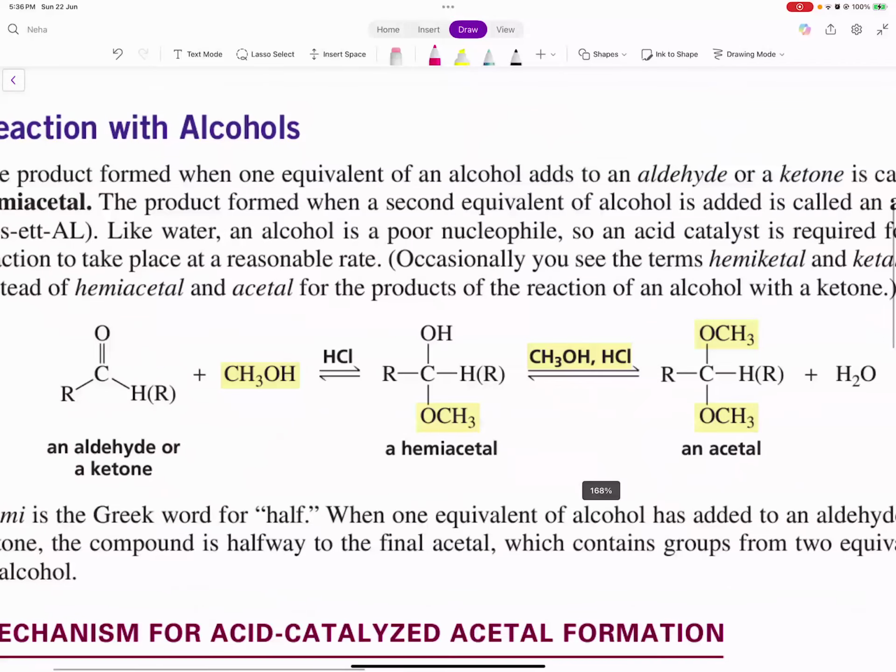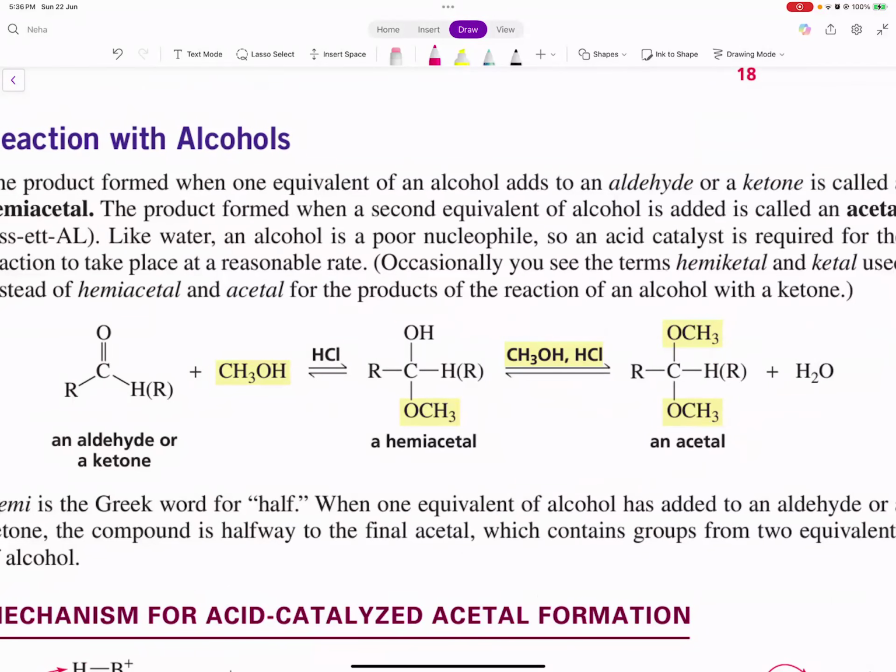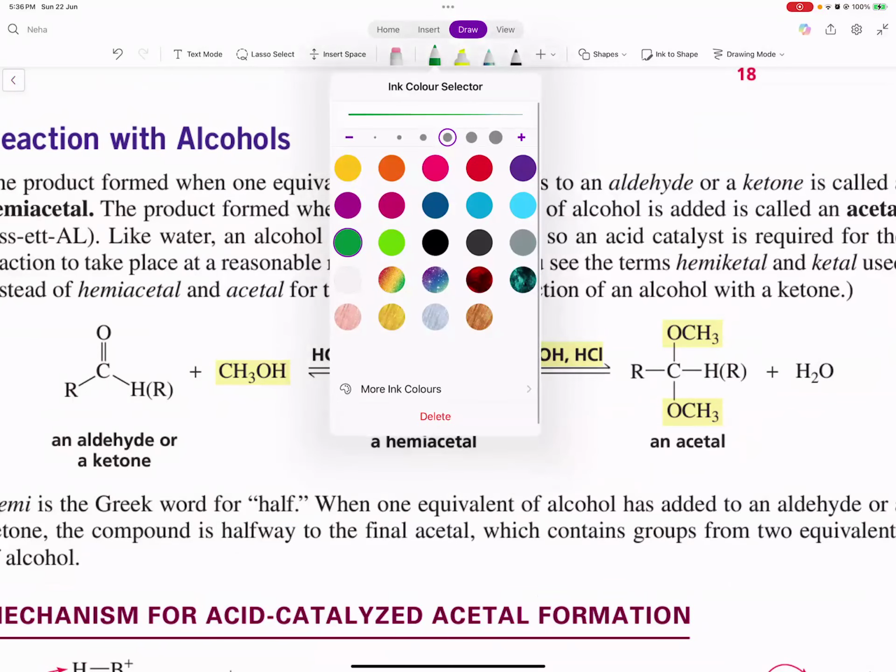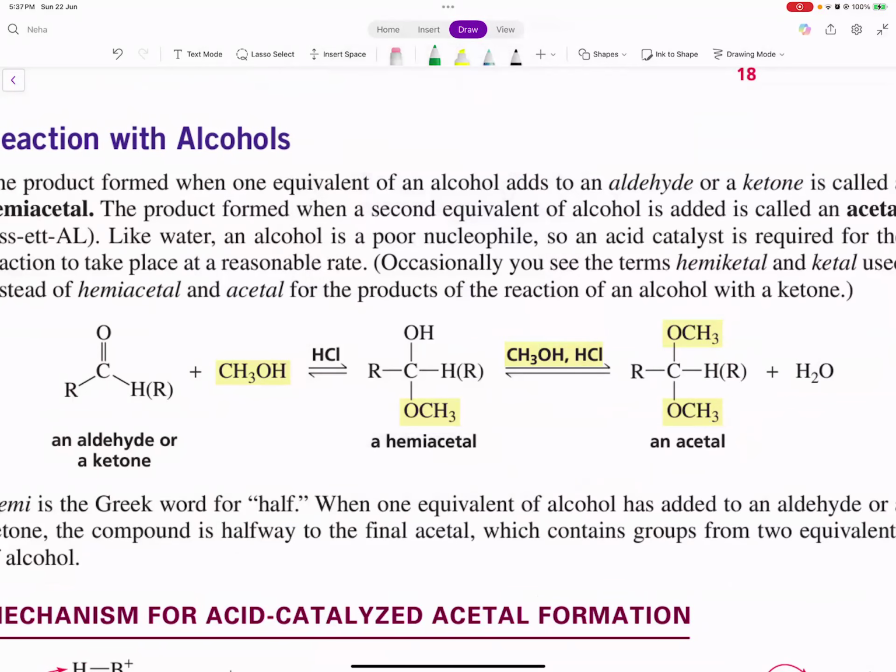Now again they react with alcohol. You see, in the alcohol, how are we going to form the products? This first step is very simple, right? Nucleophilic addition. First the protonation occurs, and then this attacks and this opens up.